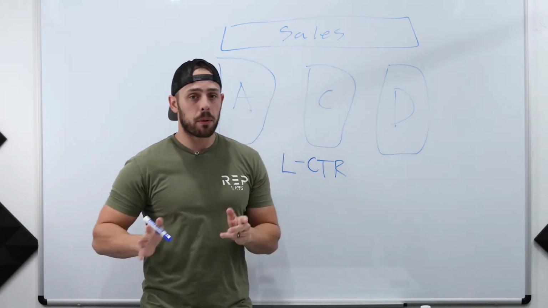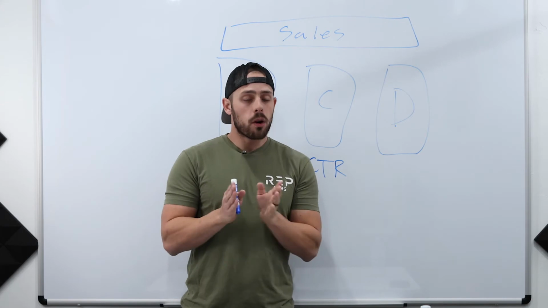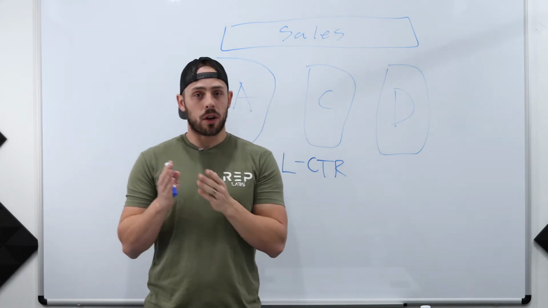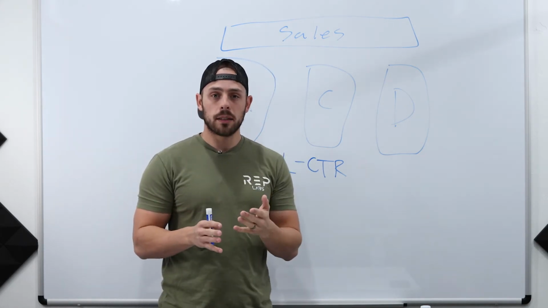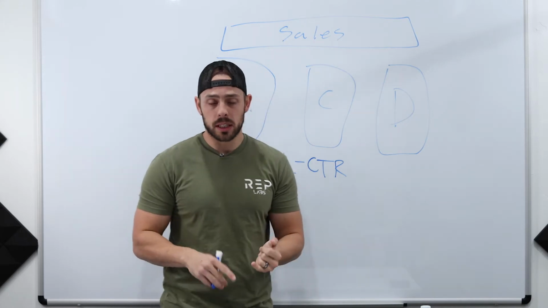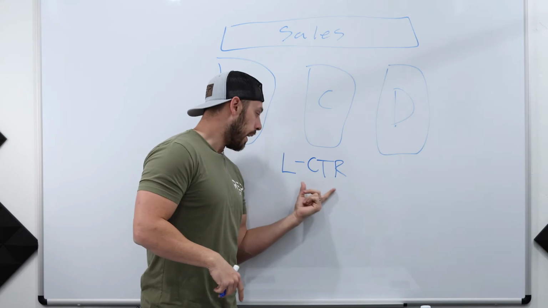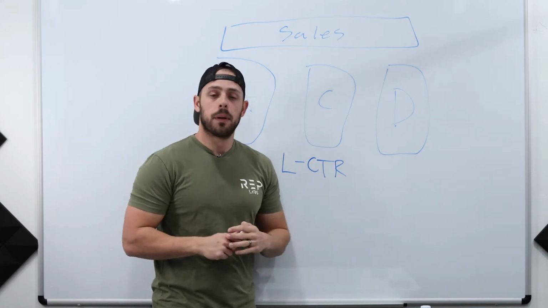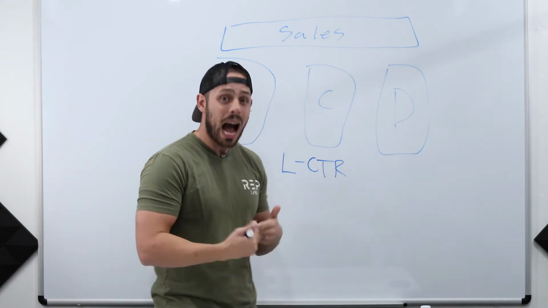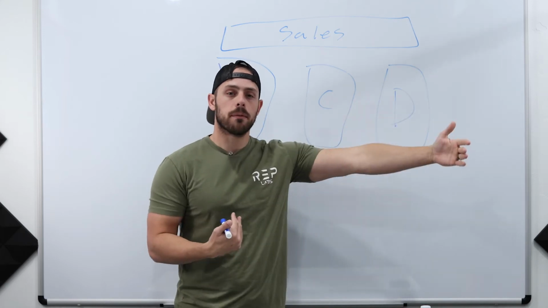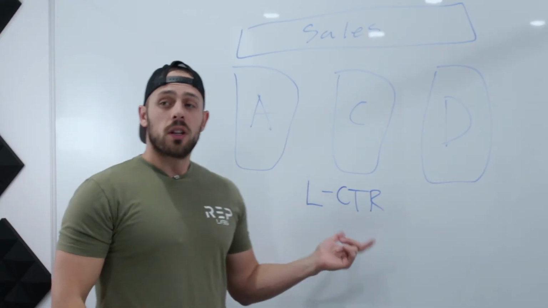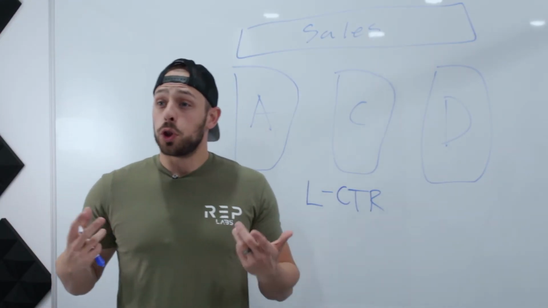At Rep Labs, our advertising agency, we don't even really focus as much on the ROI or the ROAS, especially after the iOS 14 updates. We're looking mostly at link click-through rates, because that tells us, again, how well this ad is getting people to the website, okay?